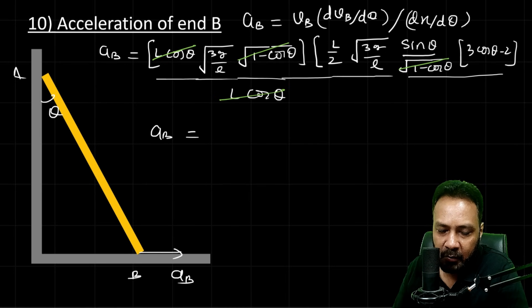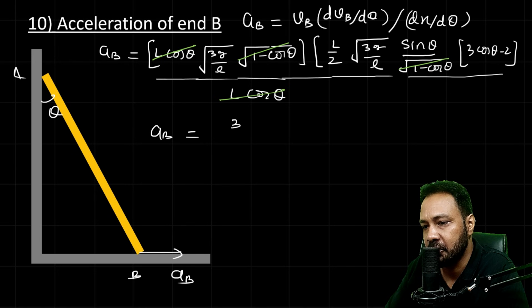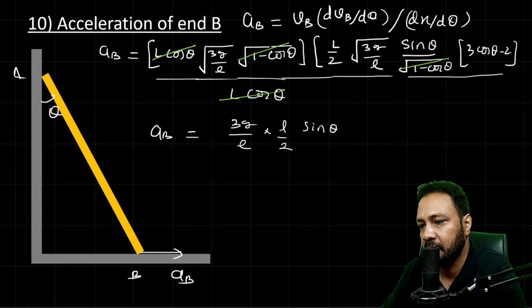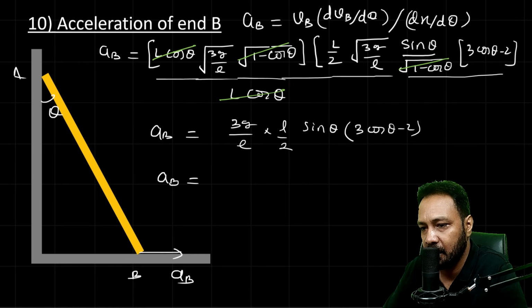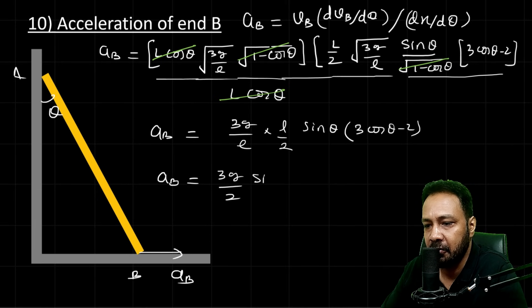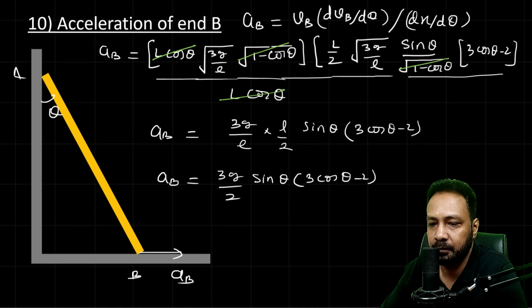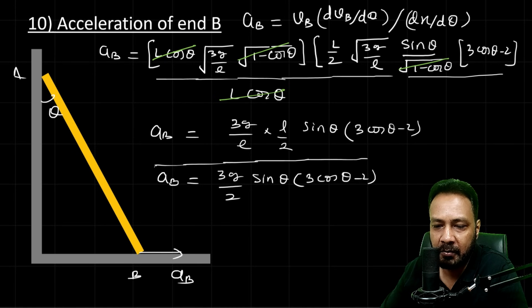This root 3g by L and root 3g by L will become 3g by L. And then there is a L by 2. And then sine theta into 3 cos theta minus 2. So finally, AB we will get 3g by 2 sine theta into 3 cos theta minus 2. And this I will be using for the last part. So let me use it right now.